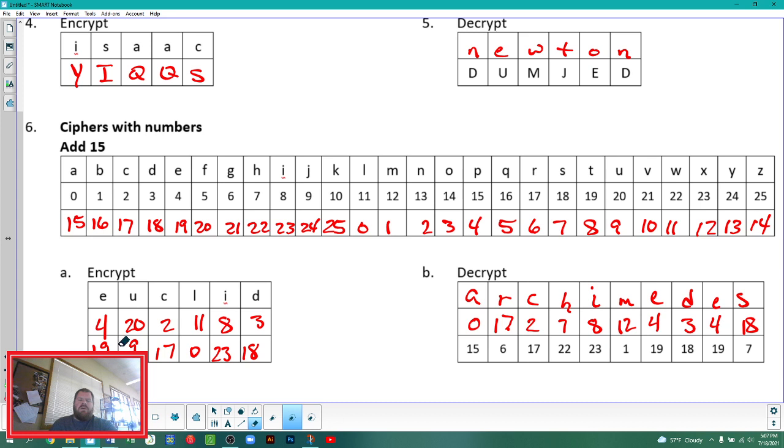Euclid gets encrypted with a plus 15 shift of 19, 9, 17, 0, 23, 18, which you could give those ciphertext numbers or letters if you wanted to. I wasn't looking for that, but that's okay. This encryption here ends up returning us back to Archimedes, which is another famous mathematician.